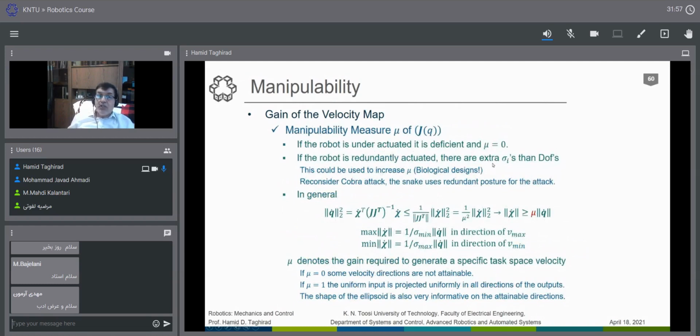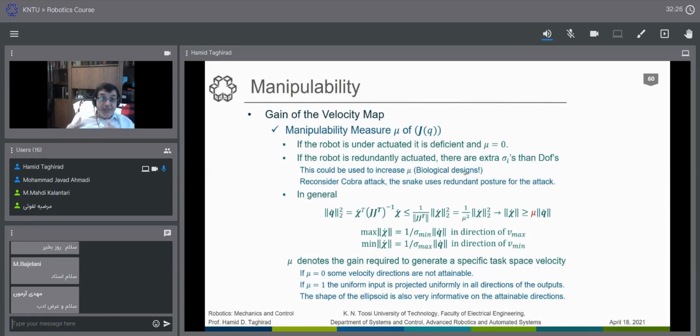We have some more degrees of freedom in terms of the actuators. And the first benefit is that we can avoid reaching a singular point or getting trapped in a singular point. So the motion of the robot becomes much more singularity-free.